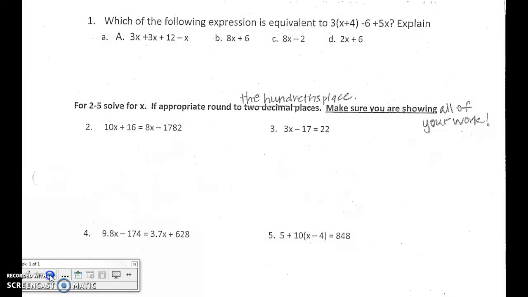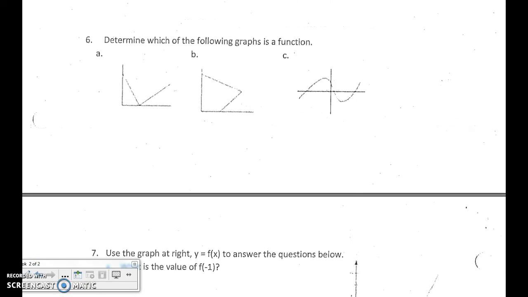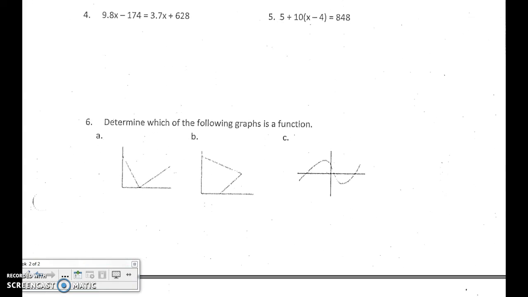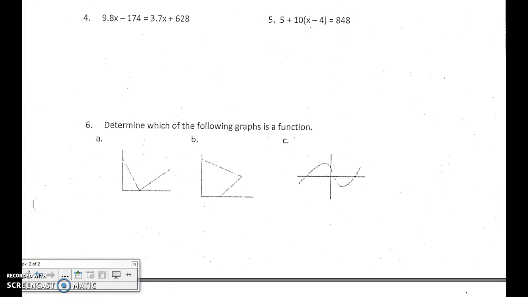Alright, now let's move on to number 4. We have some decimals. It's again very similar to number 1, where we first need to move the variables to the same side. So I'm going to subtract 3.7x from both sides.